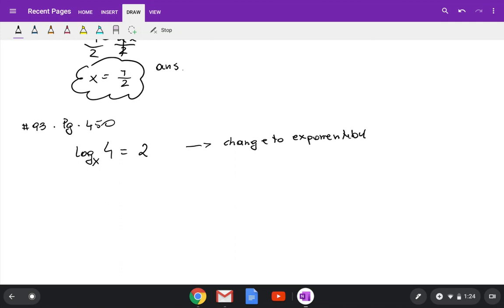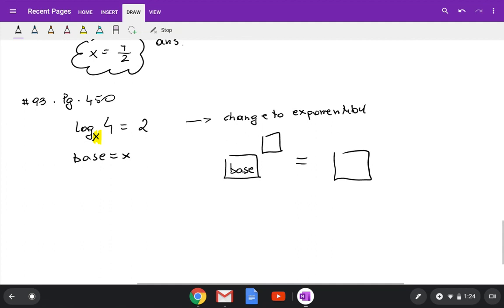Okay, so always start by identifying the base first. To change to exponential, you need a base, you need an exponent, an equal sign, and you need a number. Since we know the base already, which is x, we're going to have x as our base.